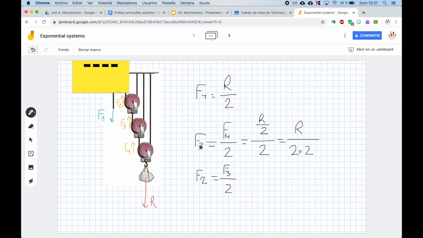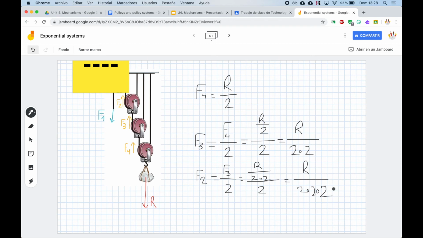And what is F3? F3 is this. So R divided by 2 times 2, divided by 2, which is R divided by 2 times 2 times 2.